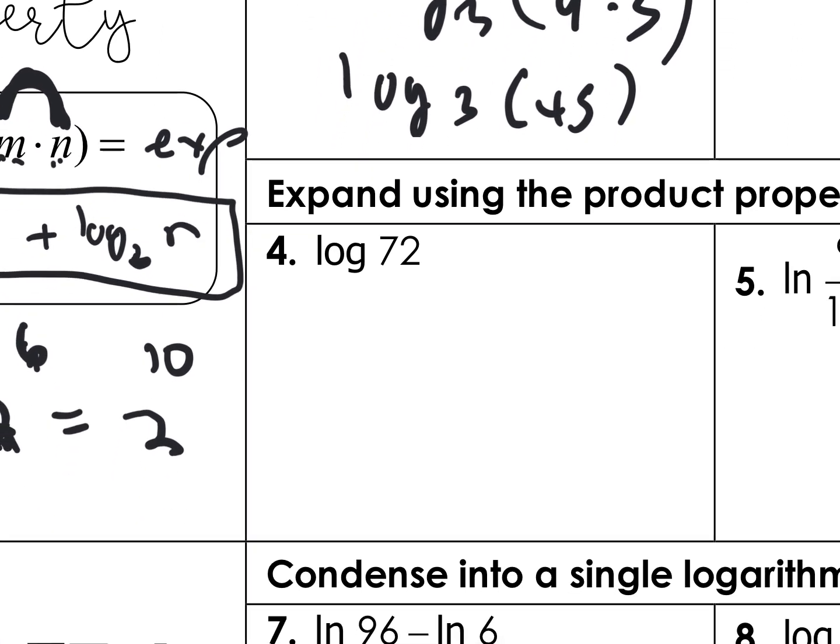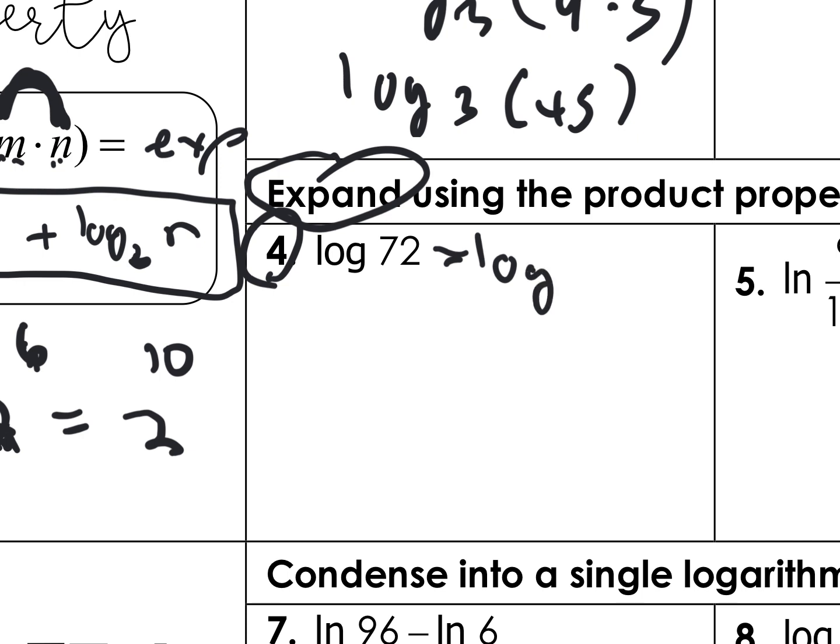Number 4. All right, he says expand it. That means break it apart into separate logs. So you got to think of a way. Give me something that would work. Got to factor what? 72? What times what is 72? Could you change that to a log, which by the way, is base 10?